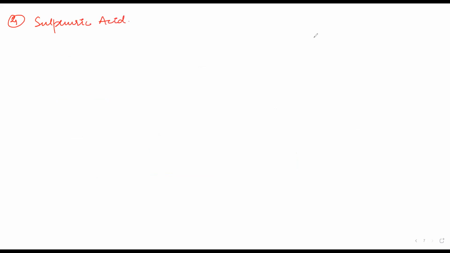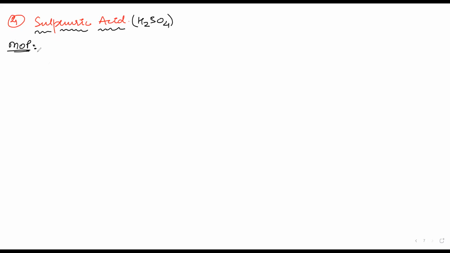We know the structure of sulfuric acid, right? Have you written the structure of sulfuric acid? H2SO4. You have written oxyacids of sulfur, I taught all the oxyacids yesterday. Method of preparation. Now remember, this method of preparation is not in this year's syllabus, but please write it.